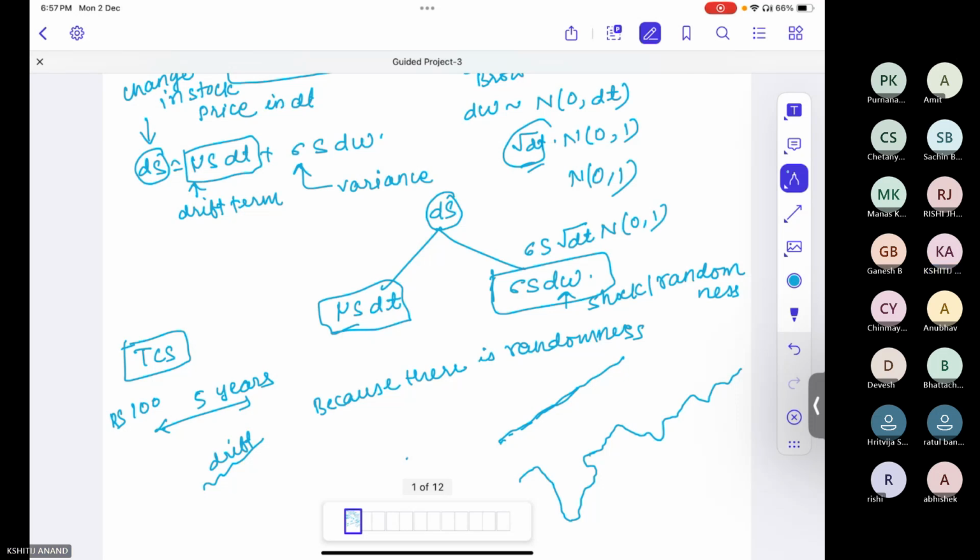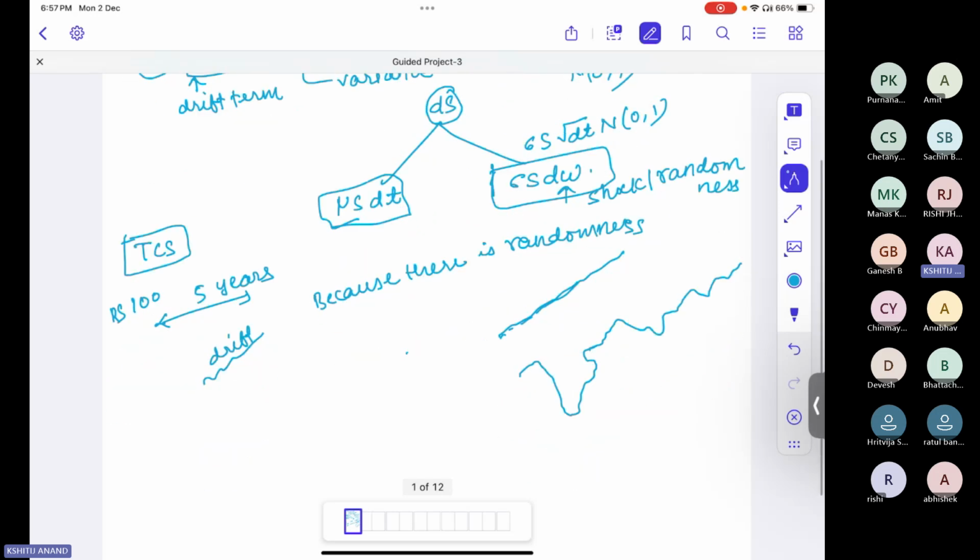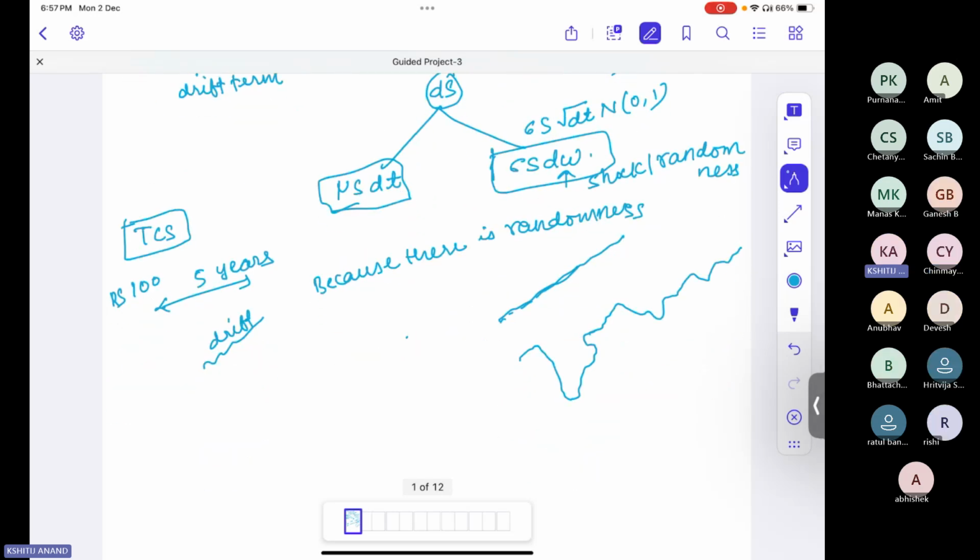What you can do is go to any IDE, for example Python, and write this code. How will you write it? Let us denote this term as random term.